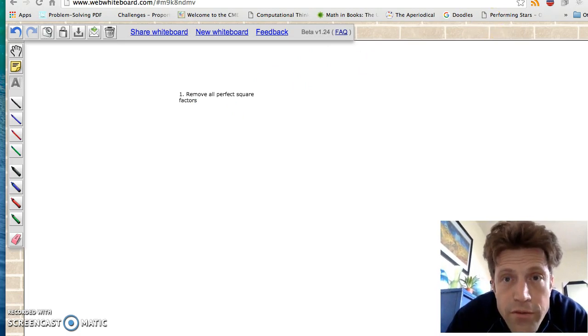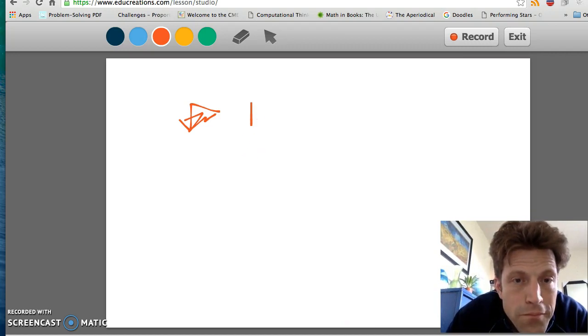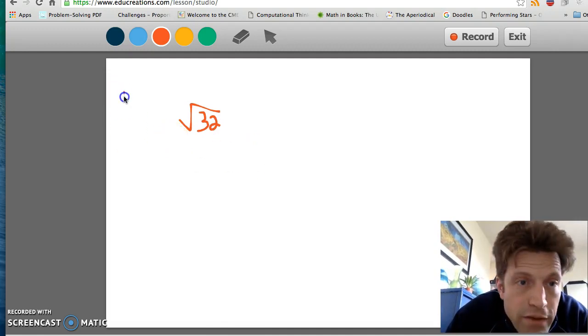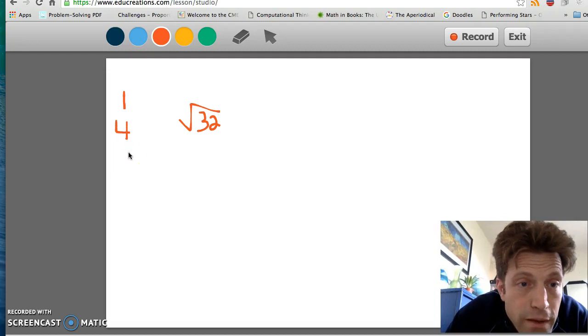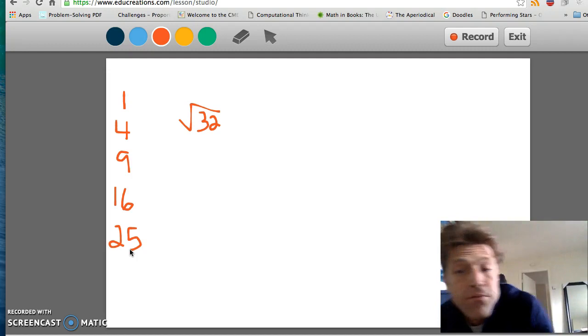And that just means that when I have the square root of 32, I have to ask myself, well, what are the perfect square factors? And then I have to ask myself, well, what are the perfect squares? The perfect squares are 1 times 1, 2 times 2, 3 times 3, 4 times 4, and so on and so on.